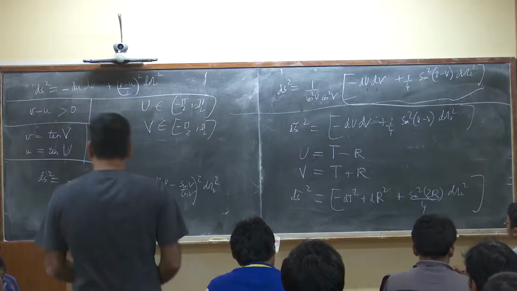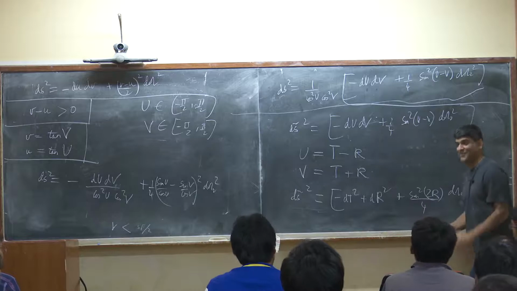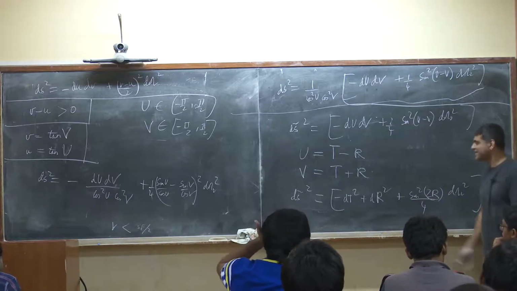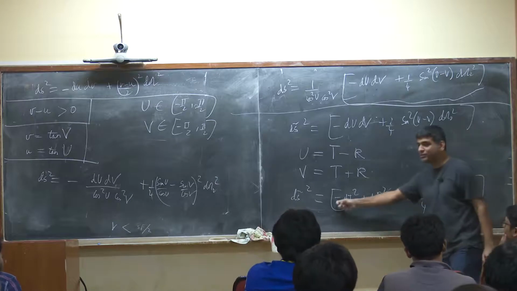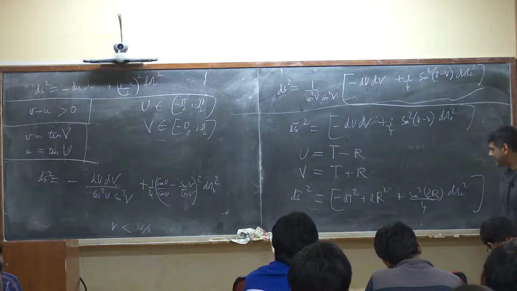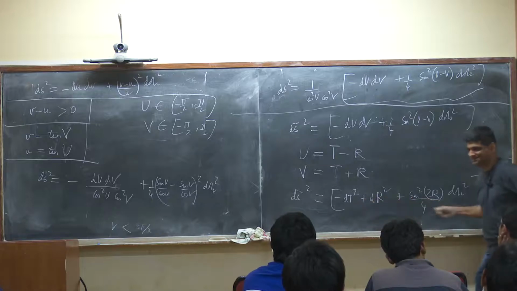Okay, and now the complicated thing that's left is to figure out what are the ranges of all coordinates. So that's what we have to do slowly and patiently. But before we do that, let's look at this metric. It's a quite interesting metric. You see, this is very much like the metric of flat space.